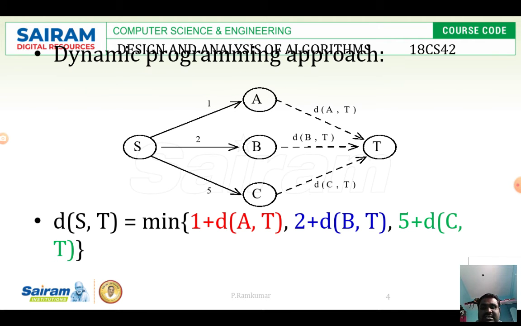Next, assume that this is a sample graph. I am going to find the distance, that is the cost of source to destination.